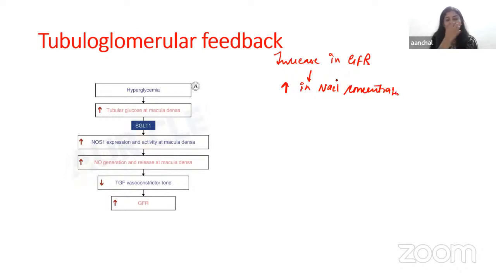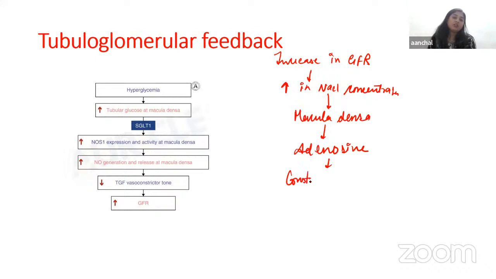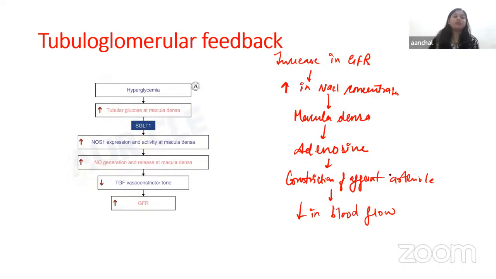Then the macula densa will get stimulated and start secreting a very important substance known as adenosine, and it will cause constriction of the afferent arteriole, and finally it will lead to a decrease in blood flow. So this is all about tubuloglomerular feedback.